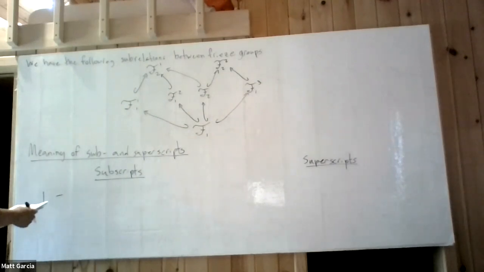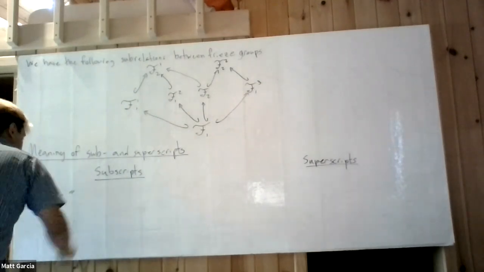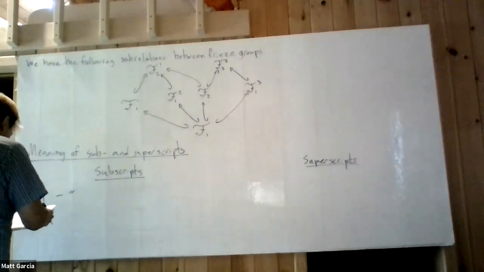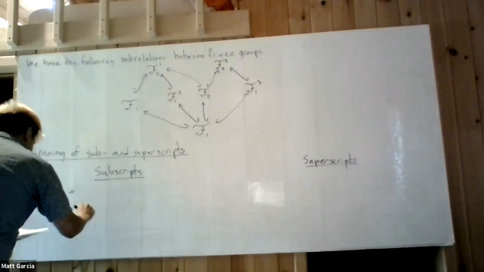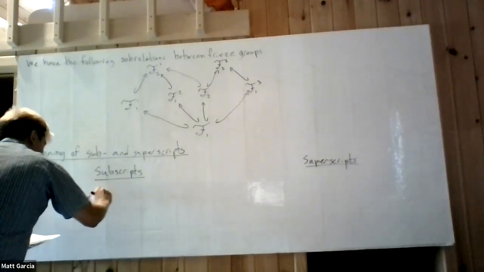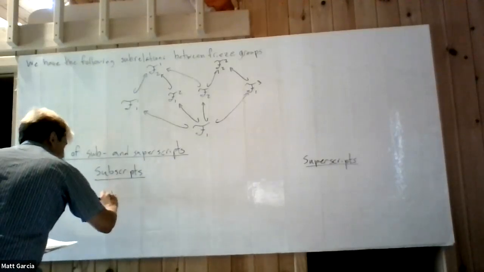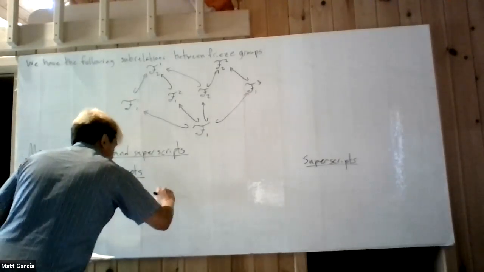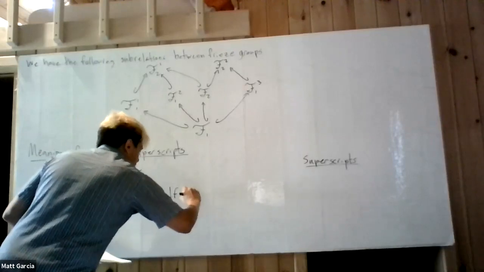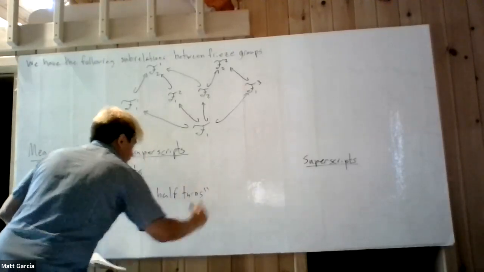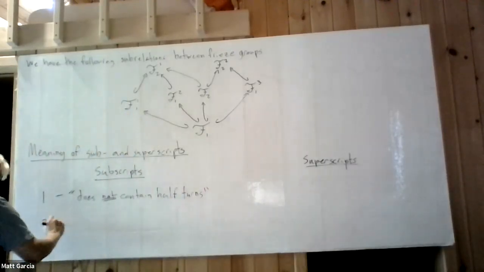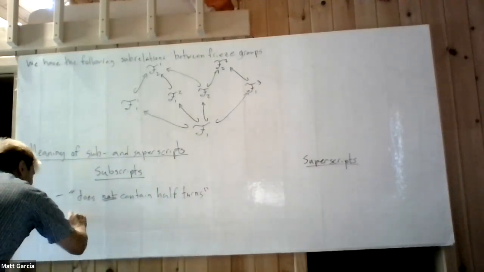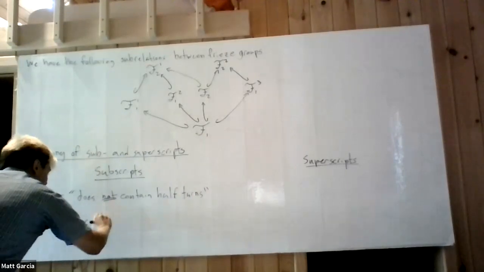The 1 means, if you see a subscript 1 on any of these, it means that the group does not contain half-turns. And the subscript 2 means just the opposite of that, that the group contains half-turns.